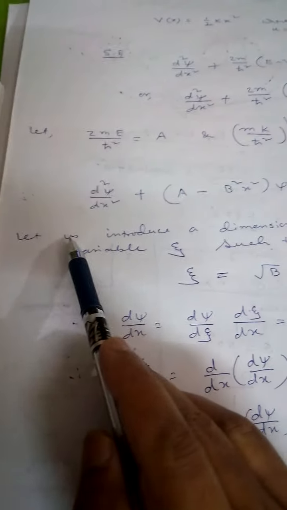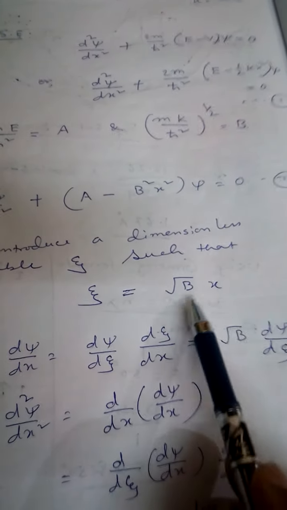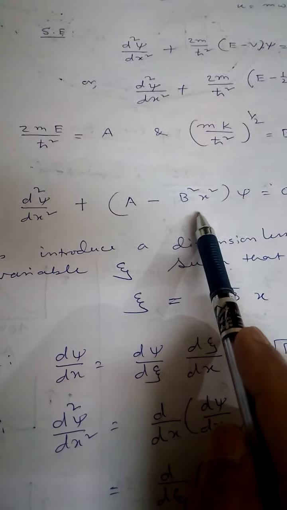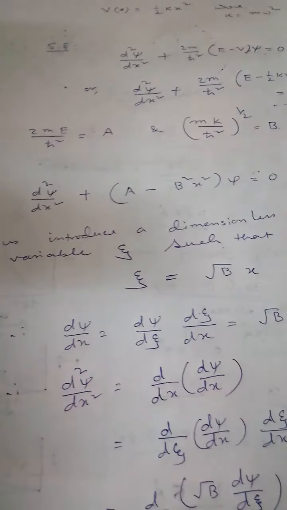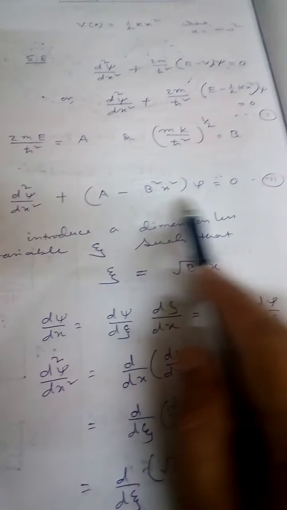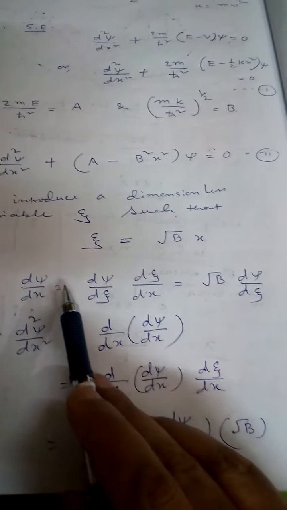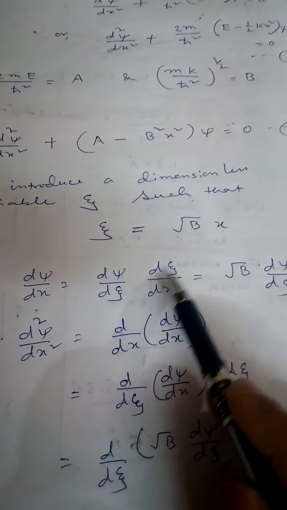To solve this equation, let us introduce a dimensionless variable, the Greek letter xi, such that xi equals square root of b into x, as if xi square equals b x square. Now psi is a function of x, and we have to convert this differential equation in terms of xi. So let us start with d psi dx equals d psi d xi into d xi dx.